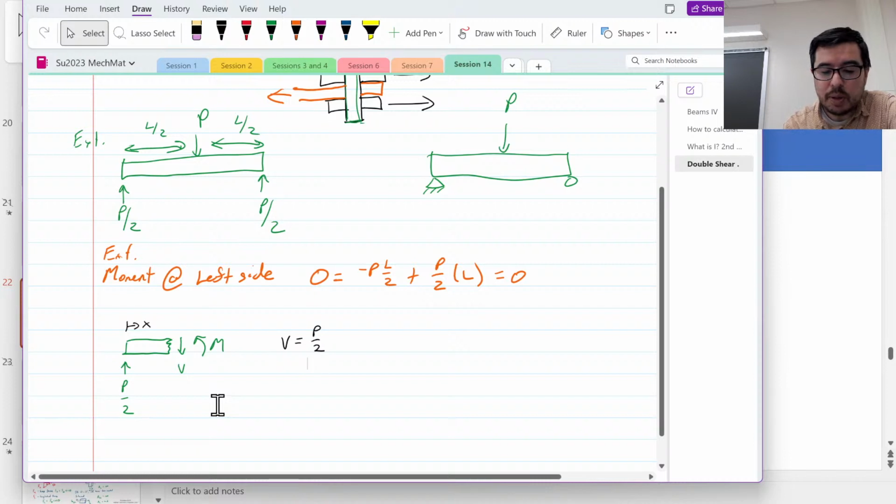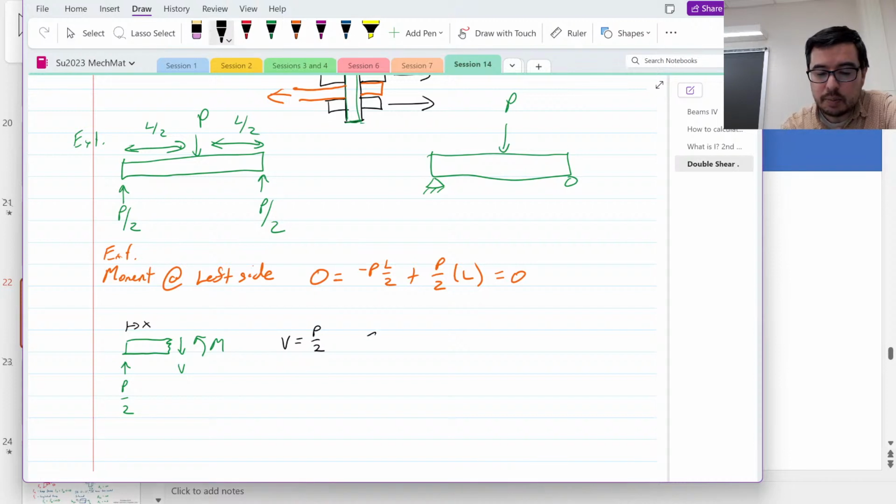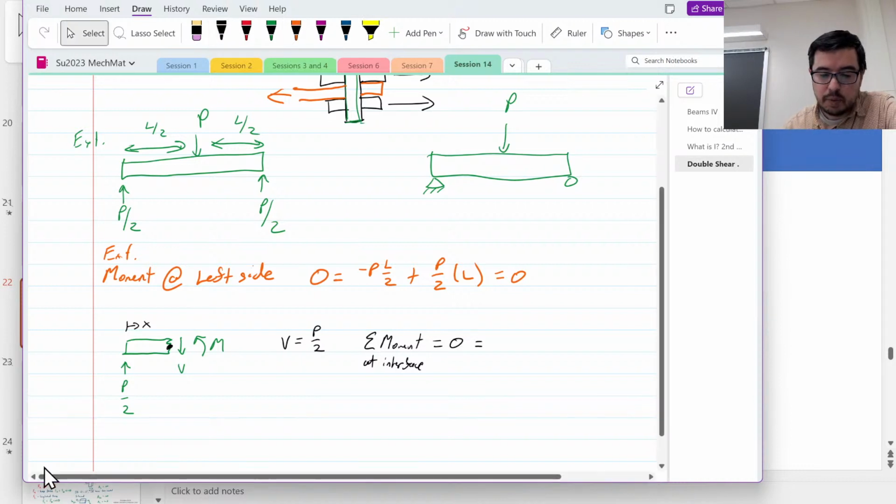If we take the moments, let's just say moments about the interface. That'd be here. The V makes no contribution, because it's in line with the point of interest, right? We can say we have a positive M.